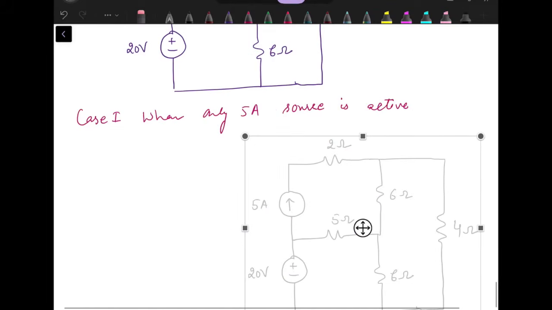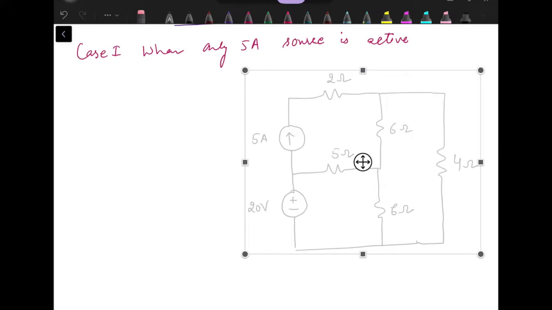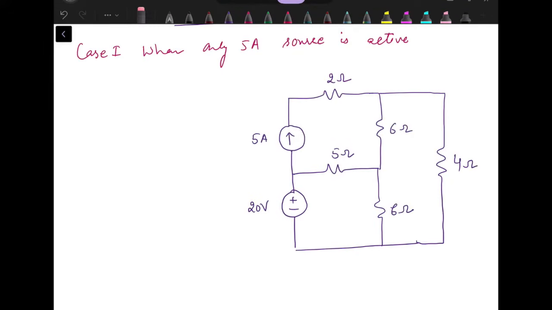The internal resistance of an ideal voltage source is 0, so it has to be replaced by short circuit. So the 20-volt source has to be replaced by short circuit.